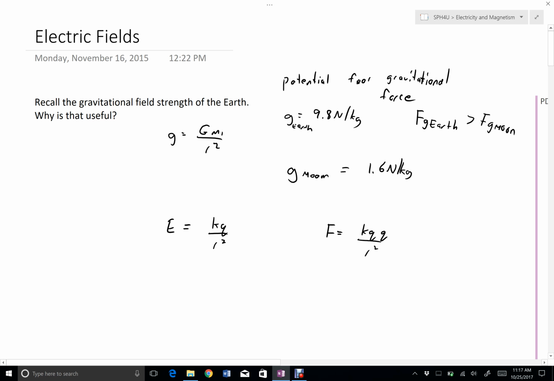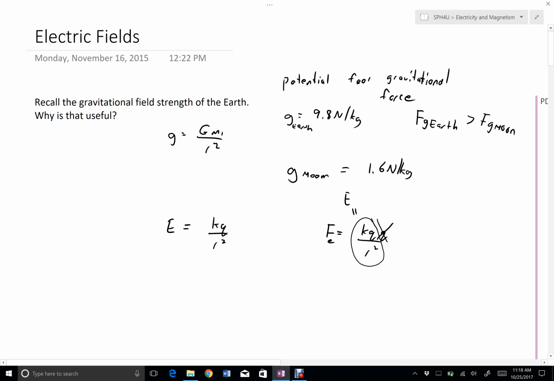But what we do is we say we don't care what this electrostatic force is acting on, but instead, if we didn't know that, how much potential for electrostatic force is there, or how strong is the electric field at that location? If I put a charge in it, how much force is that charge going to feel without knowing what that force is? So that's how we get our E right there.